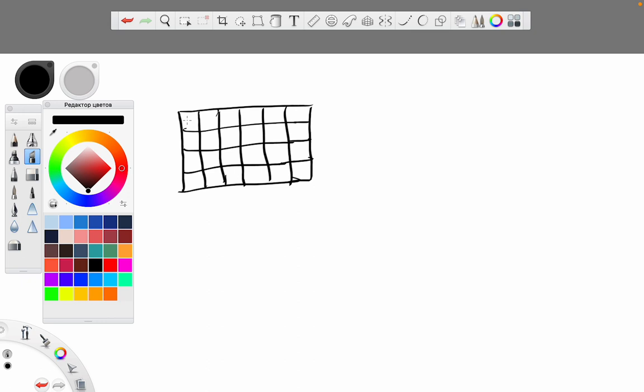We can fill all these cells with k minus 1, then uniquely determine what the values should be here, here, and then here.